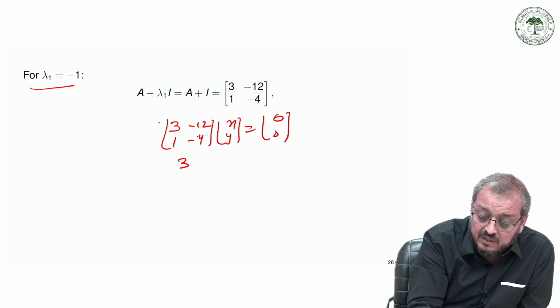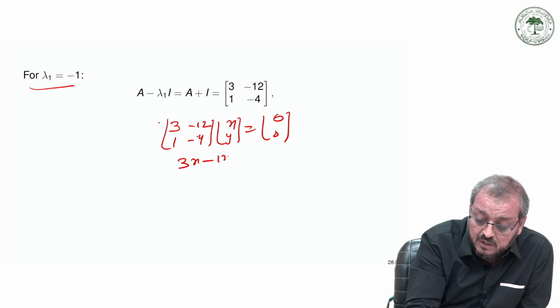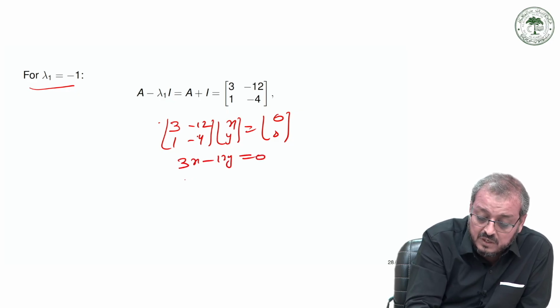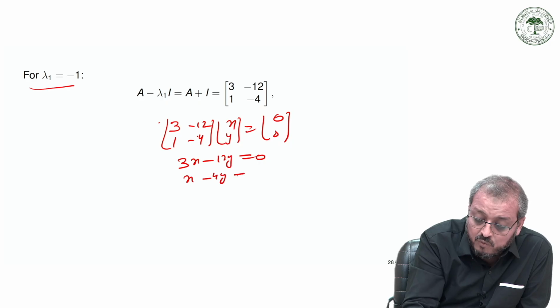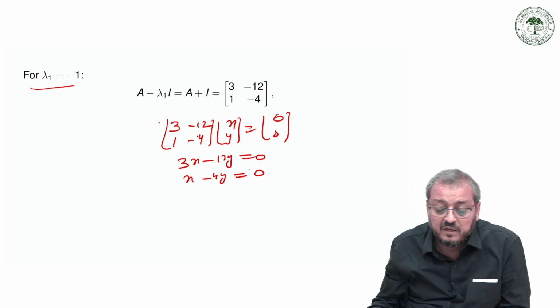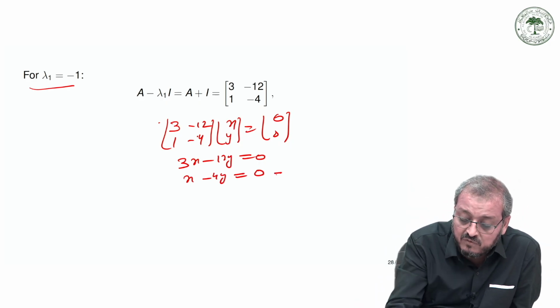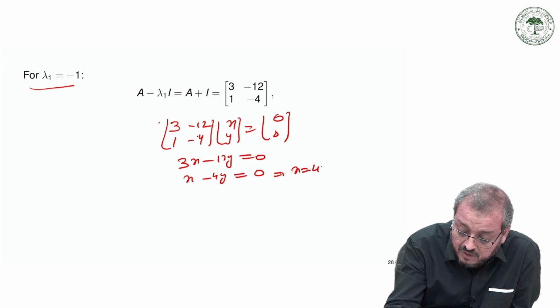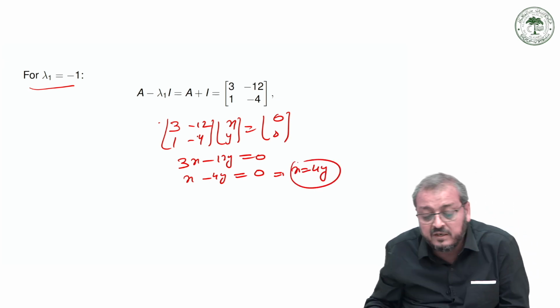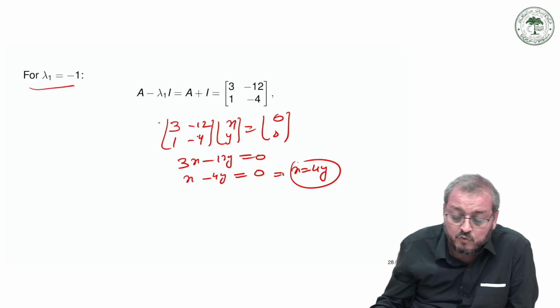So we can say that 3x minus 12y is equal to 0, and then x minus 4y is equal to 0. Clearly, from the second one, x is equal to 4y.